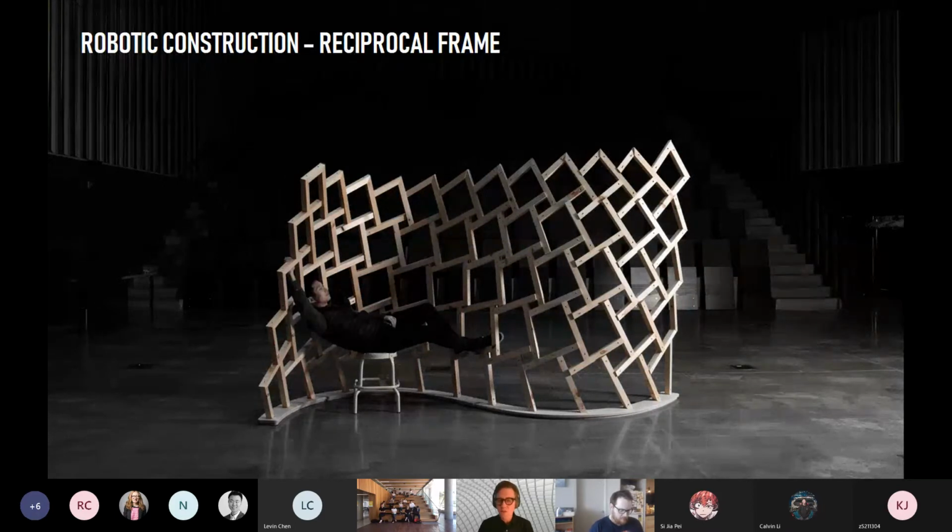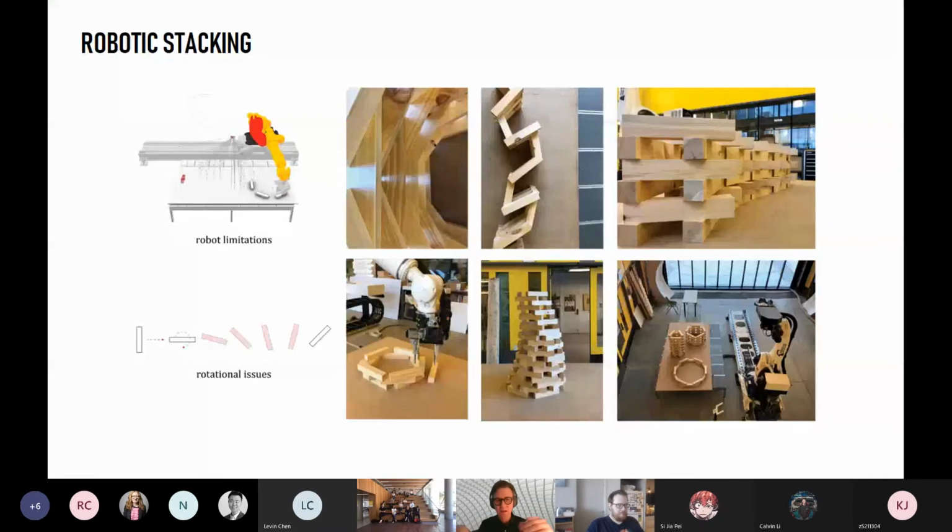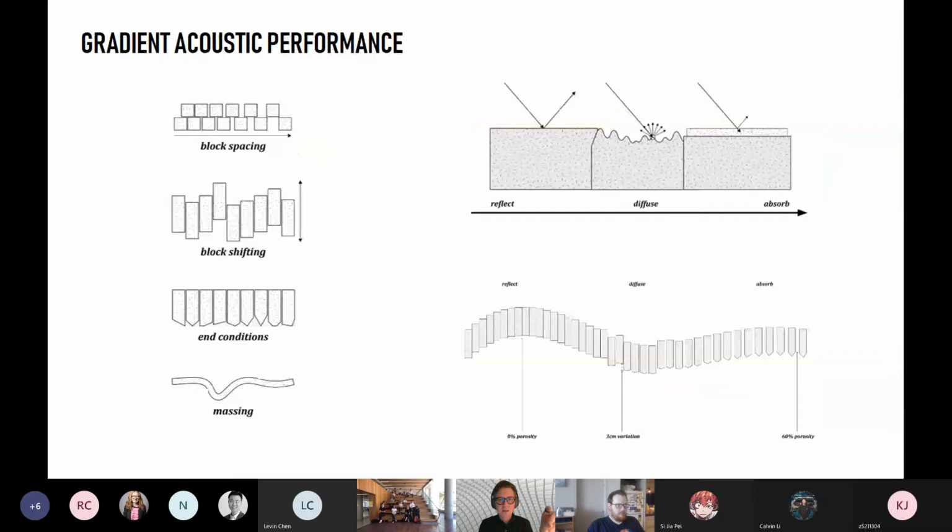So they worked together relatively closely, even though they had two totally different projects in the end. Robotic stacking, Kiefer was looking at in his first semester, simply stacking stuff like this. And the second semester he has been looking at this idea of gradient acoustic performance.